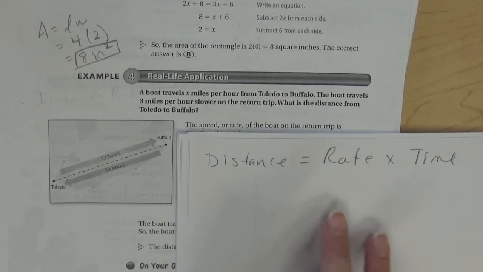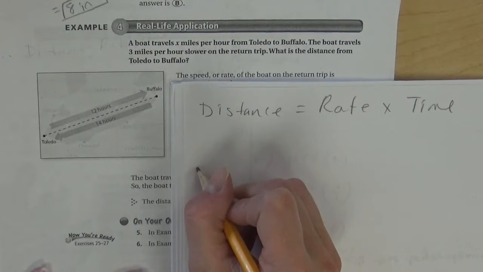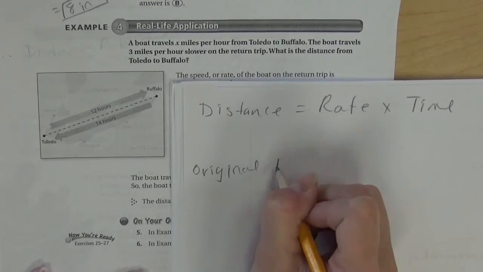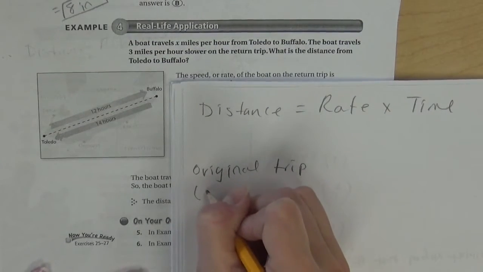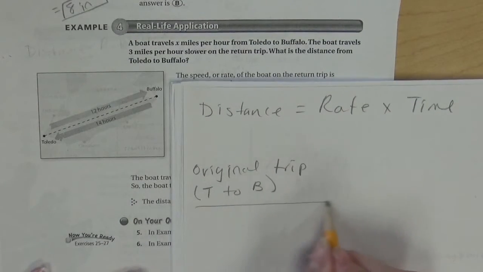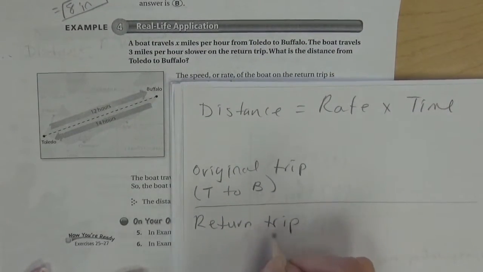I'm going to organize this into a chart. So we've got the original trip, which was Toledo to Buffalo. And then we had information regarding our return trip, which was Buffalo back to Toledo.